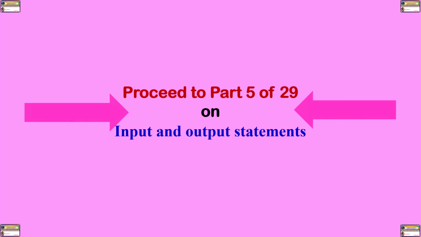You can now proceed to part 5 of the series, in which we are going to learn about what we call the input and output statements that, of course, we have been using in the entire series of our programs, in the entire series of videos, even though I have not explained each of them by then.